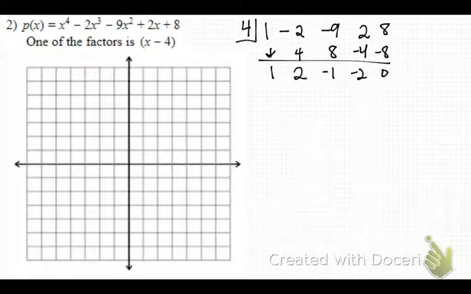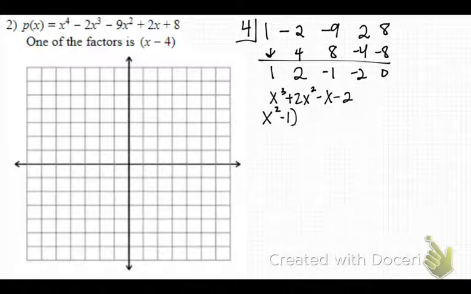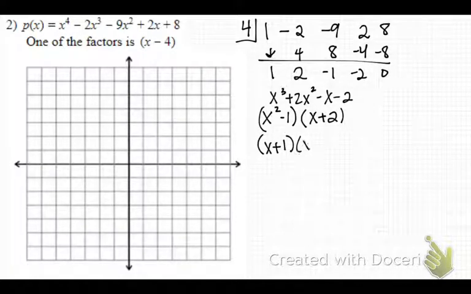So I have x cubed plus 2x squared minus x minus 2. That should factor to x squared minus 1 times x plus 2. Am I right? Okay. Which is x plus 1, x minus 1 times x plus 2.